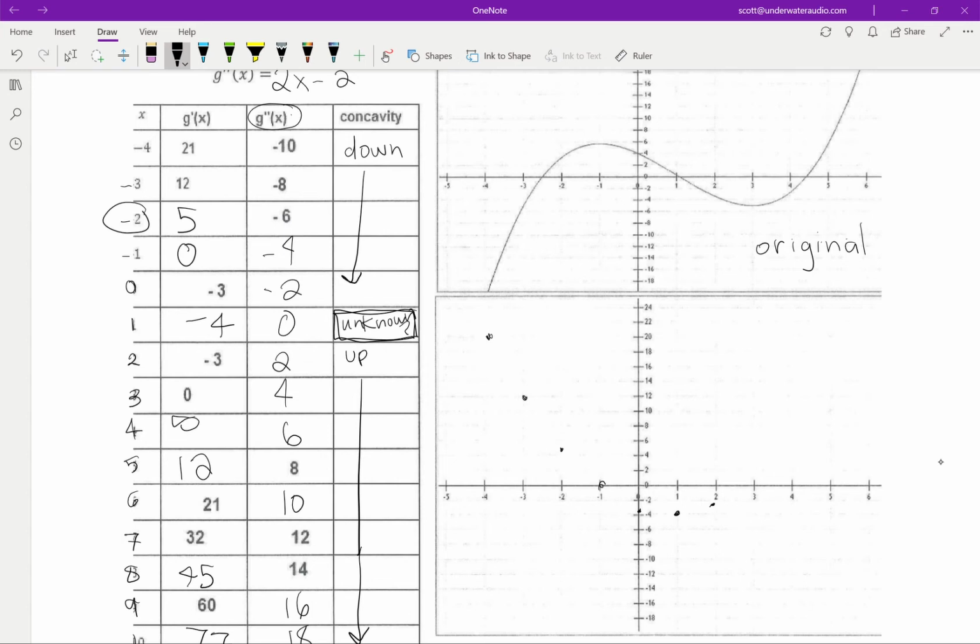And 3, 0. 4, 5. Okay, so I'm getting a pretty good U shape happening. Okay, and then 5 is 12. I think that's probably good. So I've got an original and I've got a derivative.